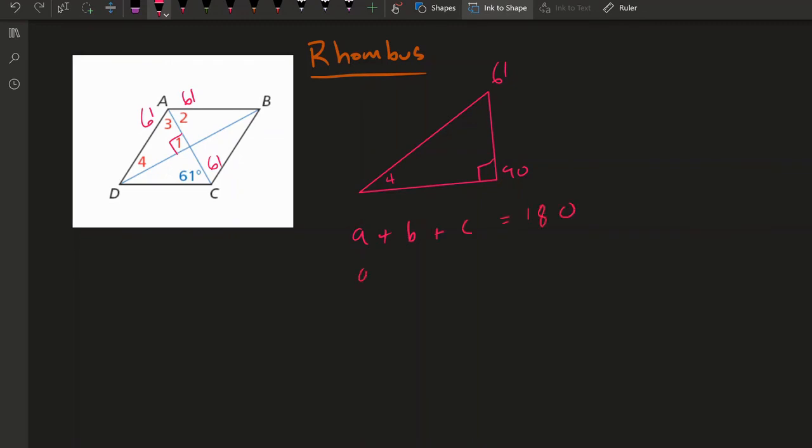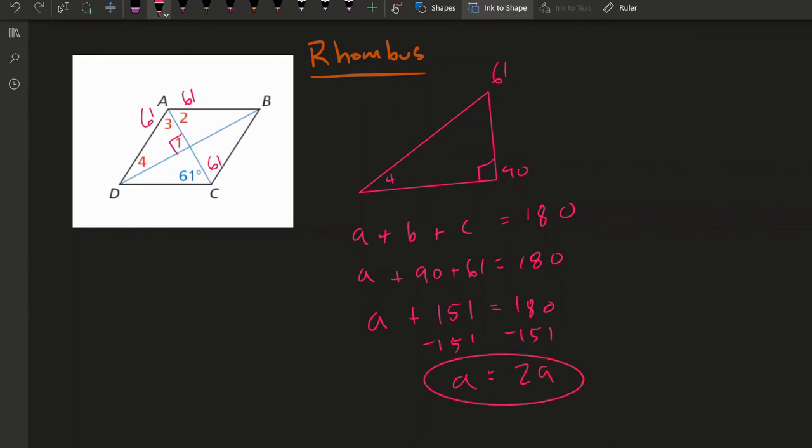And I can say A plus 90 plus 61 equals 180. This would be A plus 151 equals 180. And then I'll subtract 151. Get A is equal to 29 degrees. So that means angle 4 over here is 29 degrees.